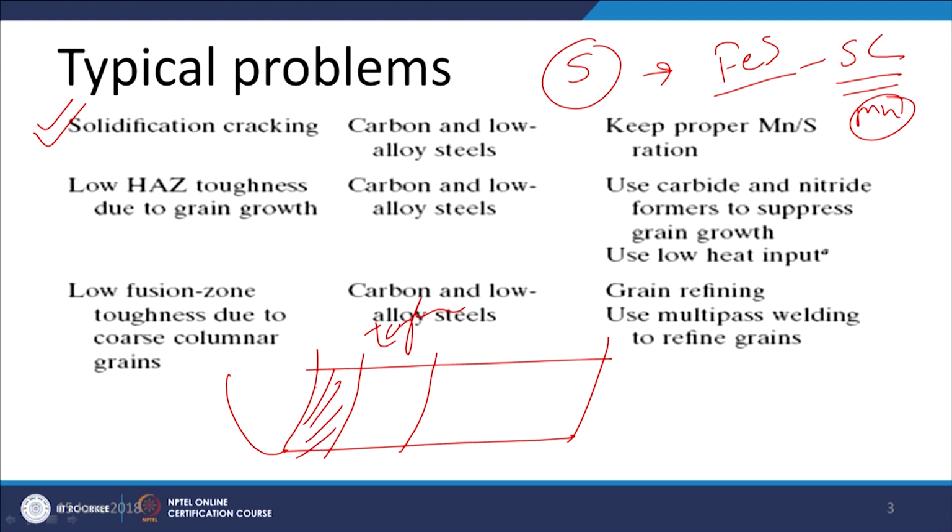So, sometimes we require post weld heat treatment to restore the toughness, or controlled alloying also helps to reduce the embrittlement or control the loss of toughness of the heat affected zone and of the weld joints.